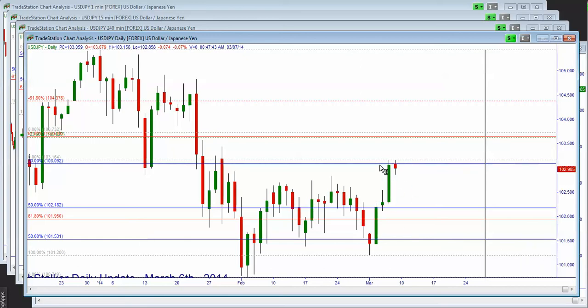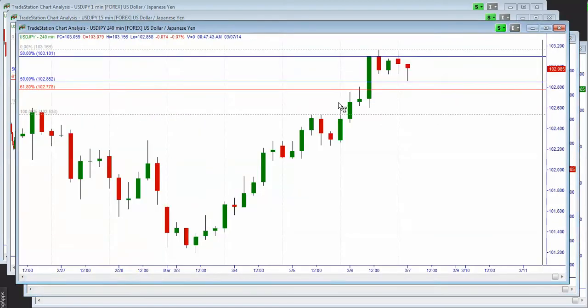So program trading on the daily at this level, starting at 103.10, has the potential to push price back down into 102.18. So it's very important to monitor what is going to happen at this 102.